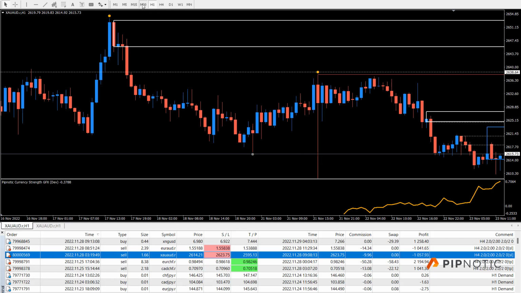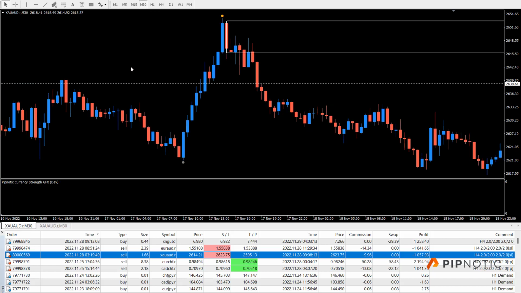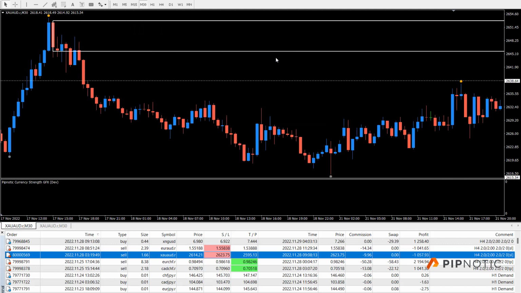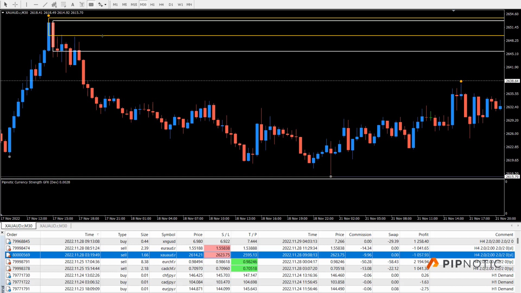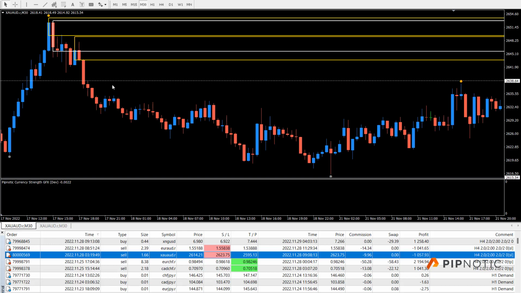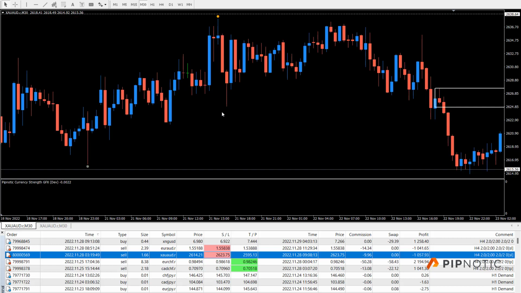Let's maybe have a look on a smaller time frame, see if we can see something in here. No, this is what we've got. We've got the departure candle here. Chaos, clarity. These are our little micro nodules. We've got that there. And let's see where price reacted.